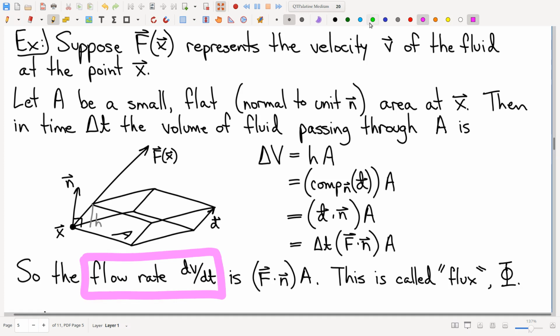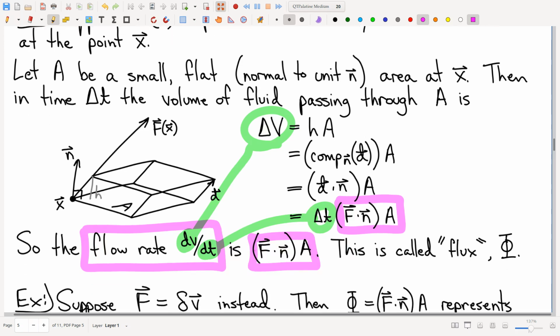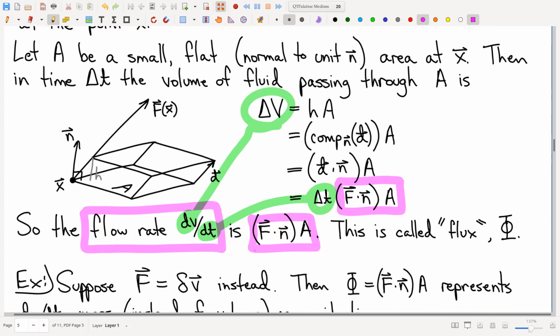Well, there's the volume. There's the time. And that means that this F dot N times area is the volume per unit time, namely that is the flow rate. Is that cool?